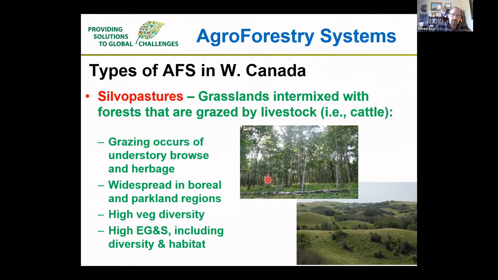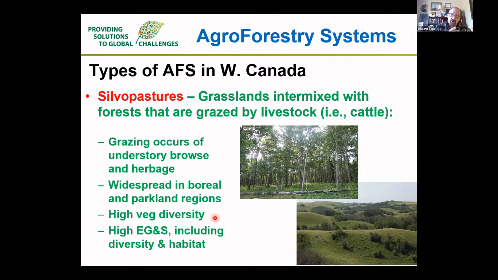So there's this mixed mosaic that is being grazed and essentially utilized by ranchers on a going forward basis for the forage that's in the open, but also what's in the understory. This is a relatively widespread agroforestry system within the Parkland and the Boreal region of Western Canada, not just Alberta, but Saskatchewan and Manitoba as well.